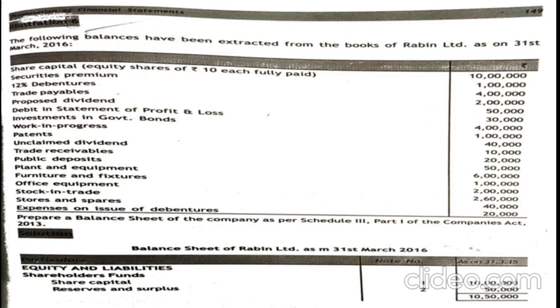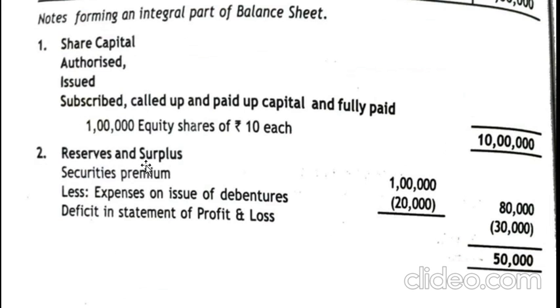So as per the schedule working out what we have done, we have reserves and surplus. Under that we are having securities premium. So securities premium is where securities have been issued at a higher rate. So the securities premium you are having is 1 lakh.